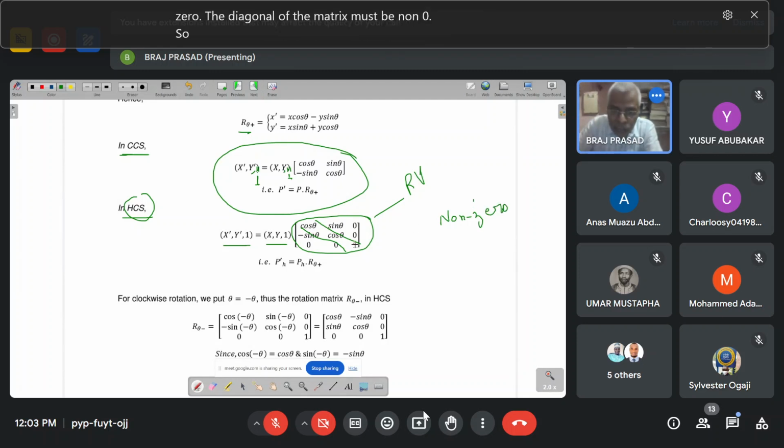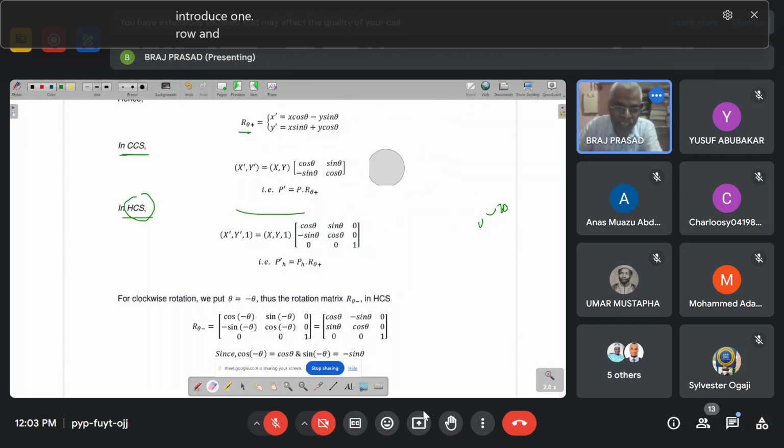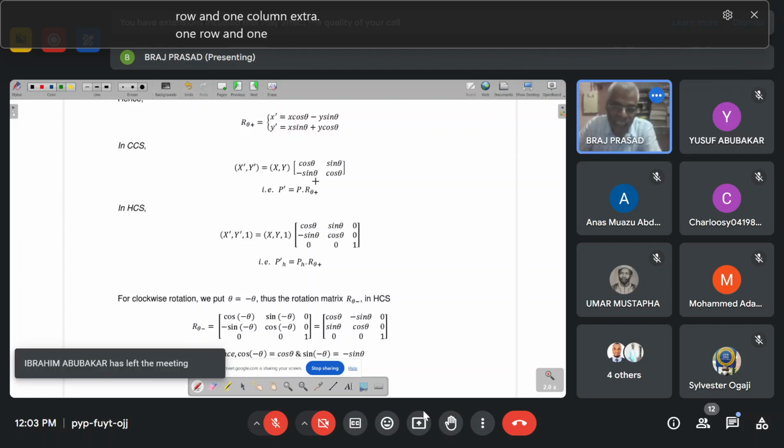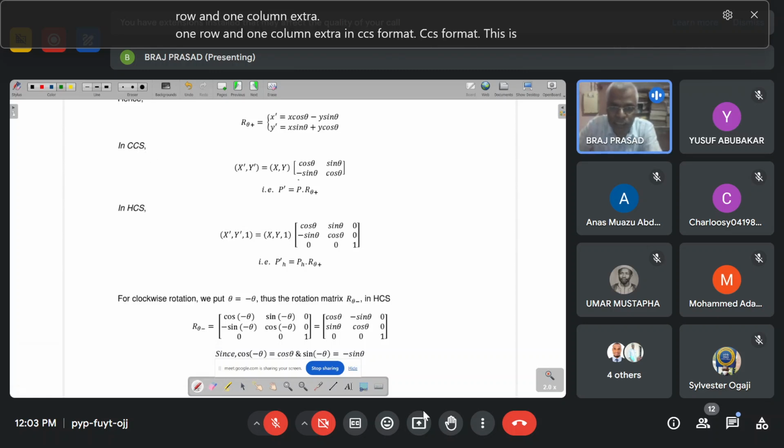So we put here one, and we introduce one row and one column extra in CCS format. This is our CCS format.